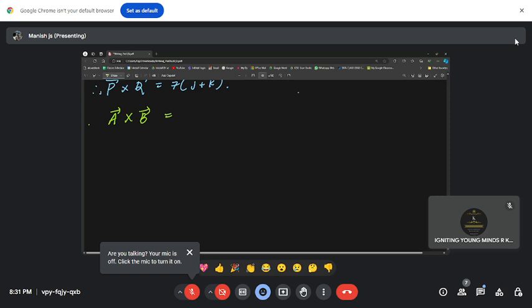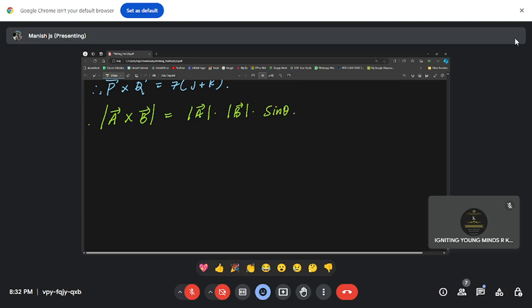Here you will find the vector cross product relating the angle as: modulus of vector A cross vector B is equal to modulus of vector A times modulus of vector B times sine theta. Using this relationship, you can find out the angle.